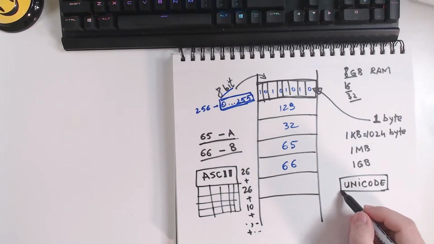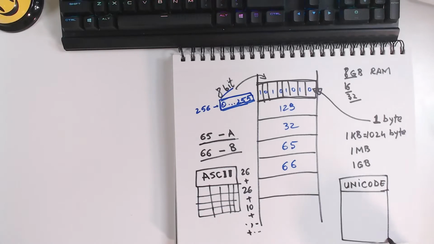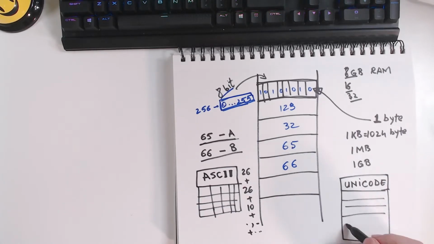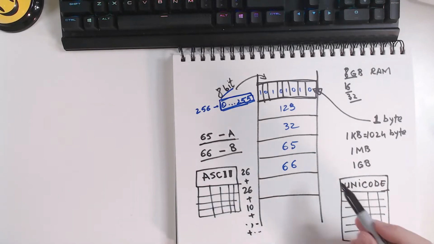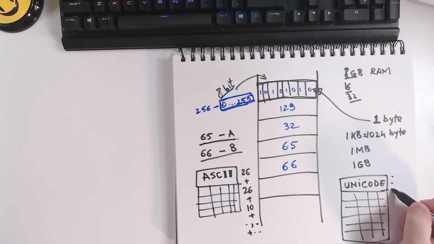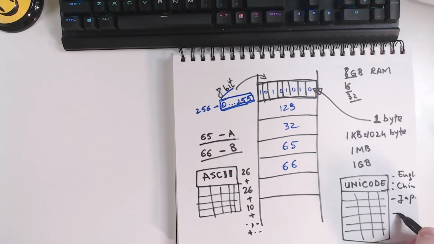It's a modern language, and this one has an even bigger table, which defines rules for storing characters coming from all sorts of languages, such as English, even Chinese, Japanese, and so on, and all other kinds of encodings.